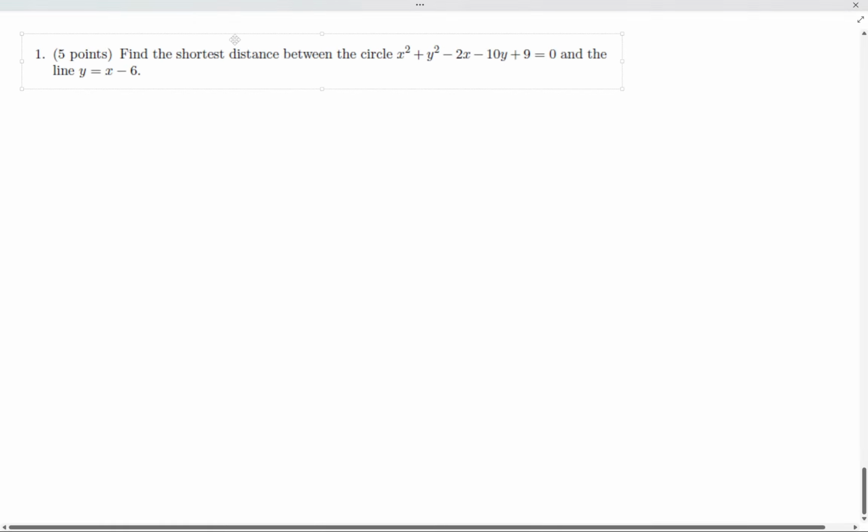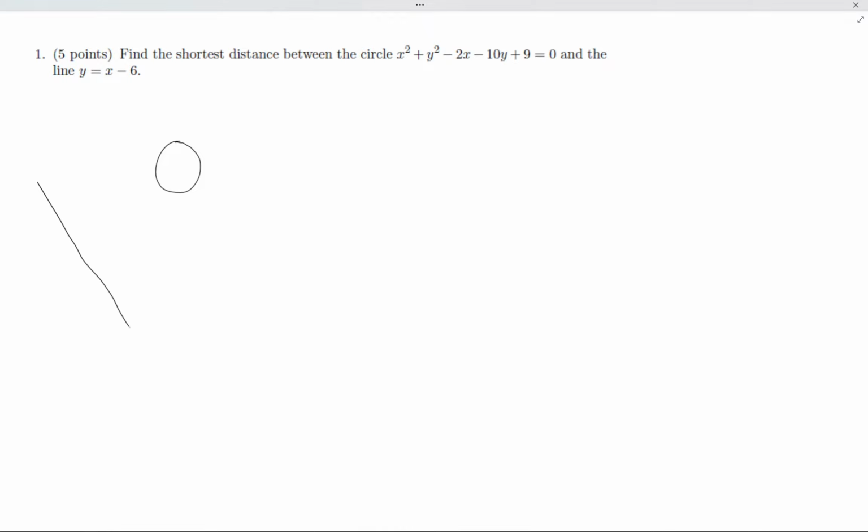It's 5 points. So let's try to solve this one. Find the shortest distance between the circle x squared plus y squared minus 2x minus 10y plus 9 equal to 0 and the line y equals x minus 6. Okay, let's try to figure out how this would look. We have a circle perhaps right there, and probably we have a line right here.